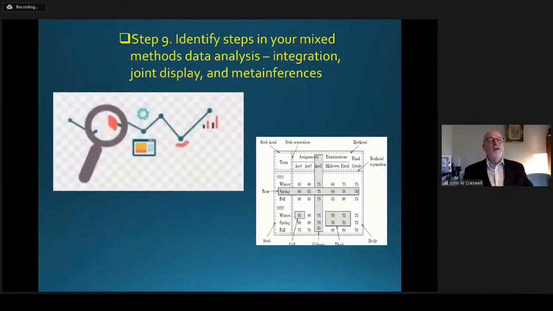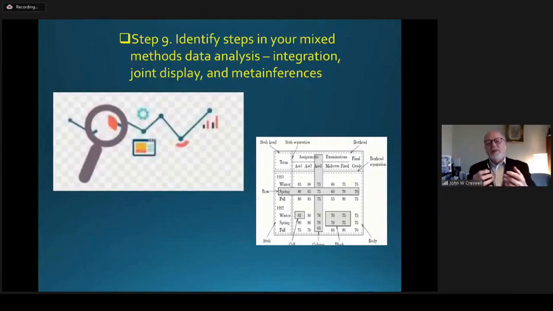Now let's get to this area of mixed methods data analysis, which has been a very confusing area for many people. And I would say in the last 2 to 3 years in our workshops at Michigan, we've begun to work out how do you do mixed methods data analysis.